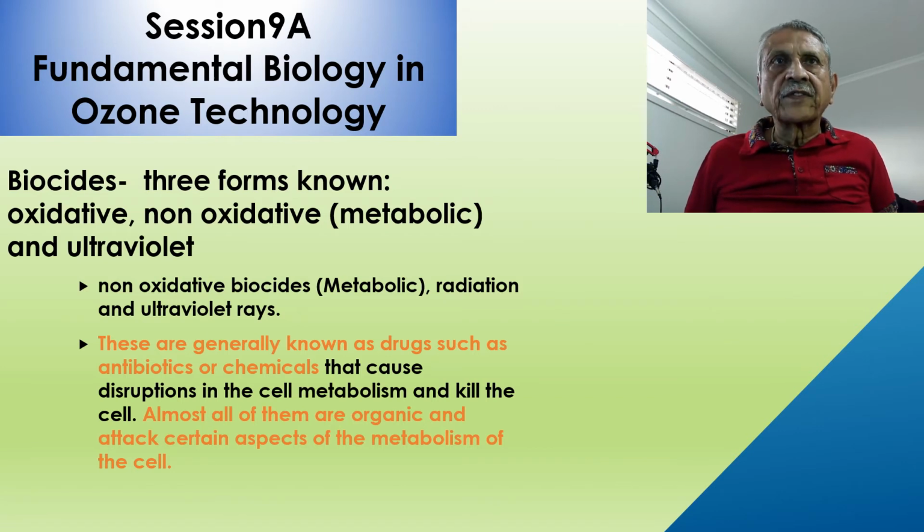There are three types of biocides. One is oxidative, the other is non-oxidative or metabolic, and the third is radiation, such as ultraviolet. So non-oxidative biocides are generally metabolic, whereas radiation and ultraviolets are electrical energy or radiation energy.